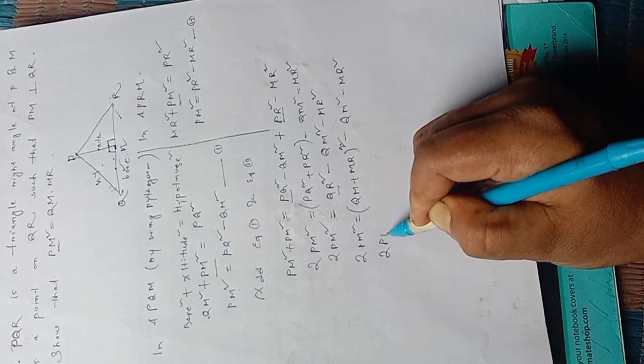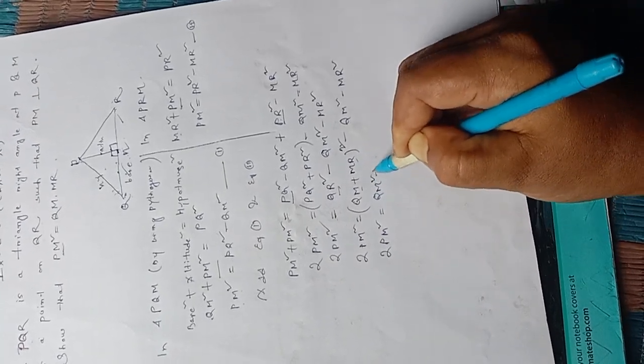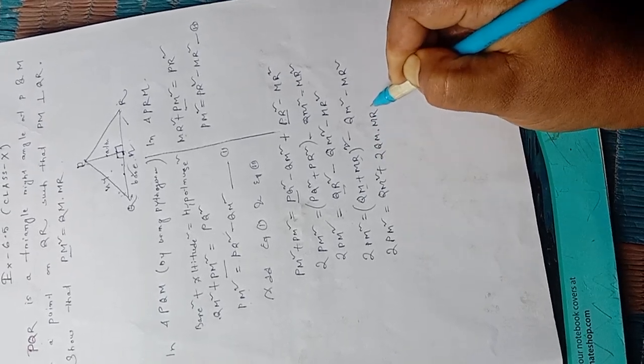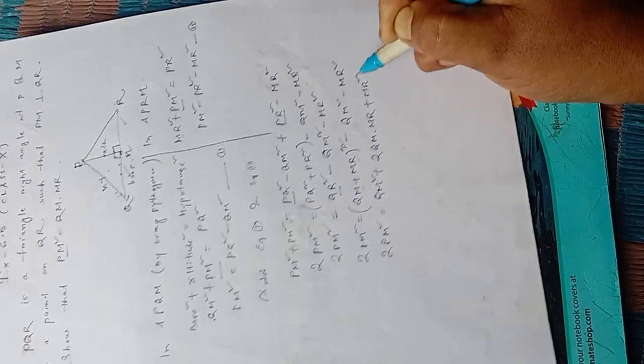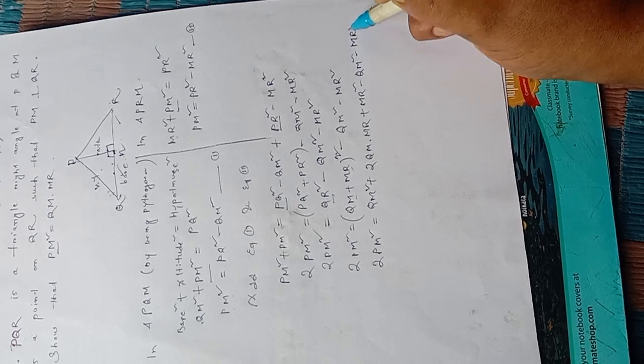Now using the A plus B whole square formula, you put QM square plus 2 into QM into MR plus MR square minus QM square minus MR square.